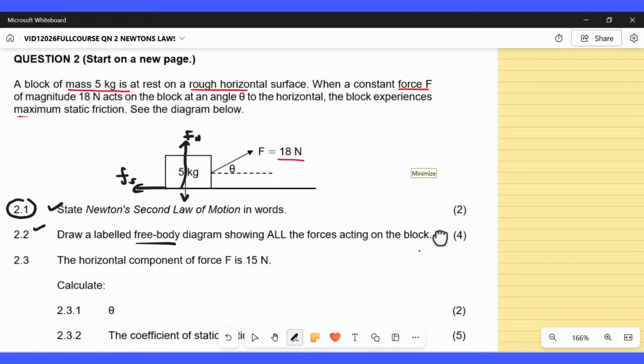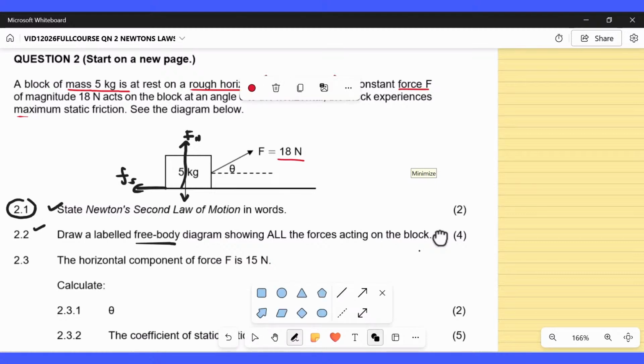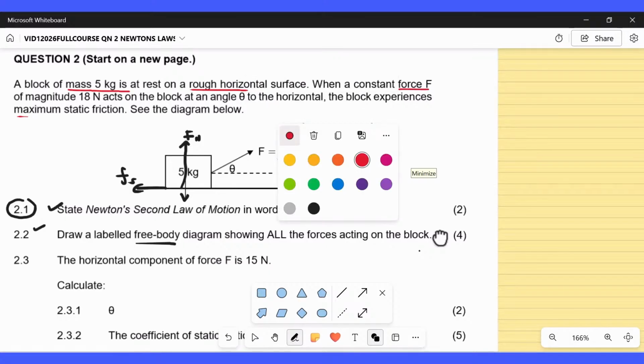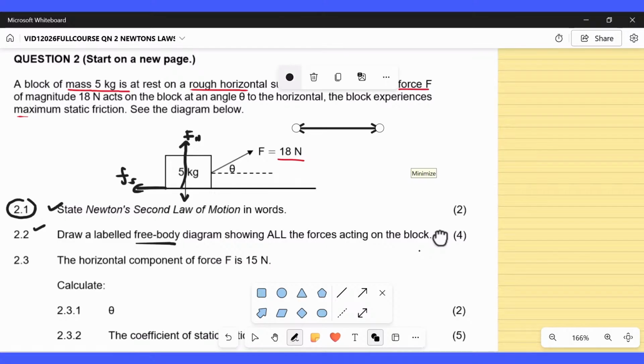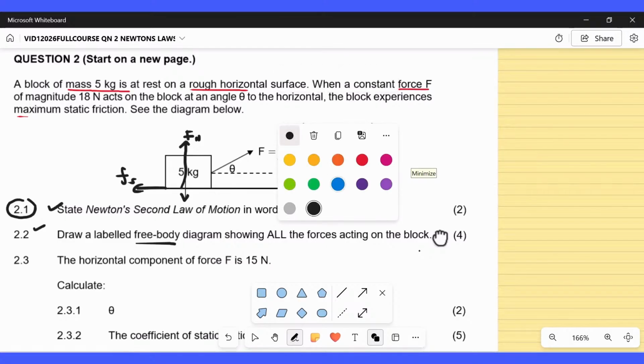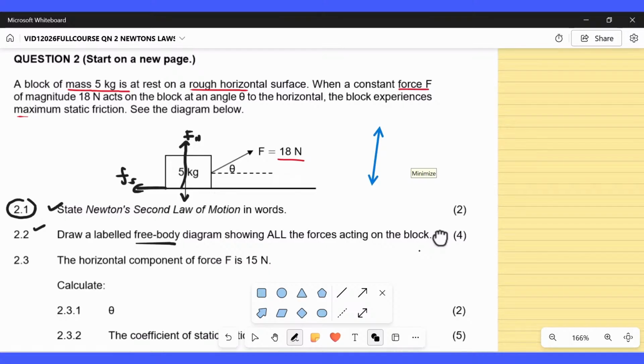So you're going to have the normal force and the weight opposite each other, like this. And then as you can see, we have got an applied force at an angle, so we're going to put it there as well. Then from there we have the frictional force. So we're talking about a free body, so we put a big dot, and the arrows are drawn from the dot.